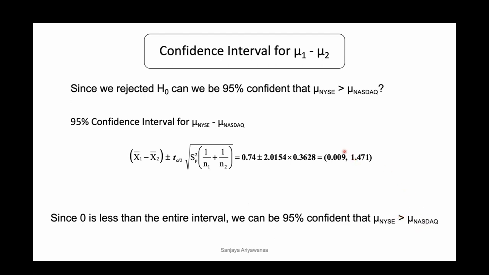Now, suppose 0 was in this interval, then you can't say this particular statement. If 0 is in this interval, you can say there's insufficient evidence that mu NYSE is greater than mu NASDAQ. But since 0 is less than this entire interval, you can say we can be 95% confident that mu NYSE is greater than mu NASDAQ.